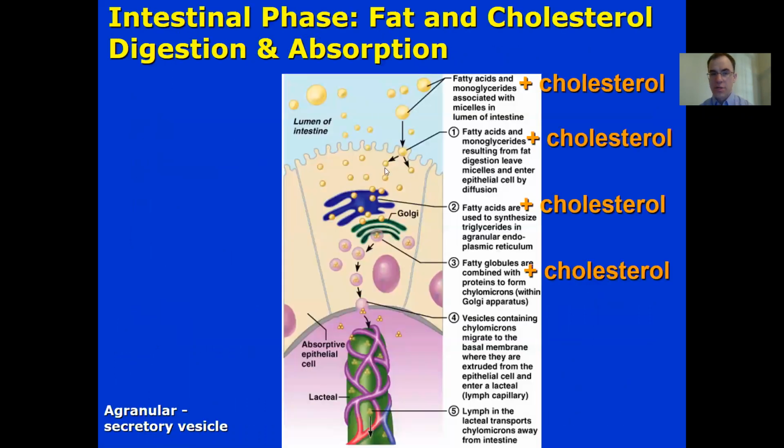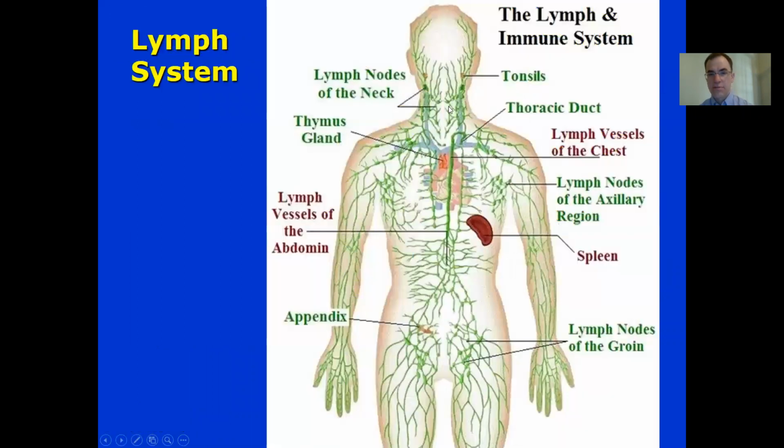So again, we have the lumen of the small intestine, the wall of the small intestine, and then the lacteal of the lymphatic system. Think of the lymphatic system as a highway system throughout the body. It helps with the immune system, delivering the immune response throughout the body.